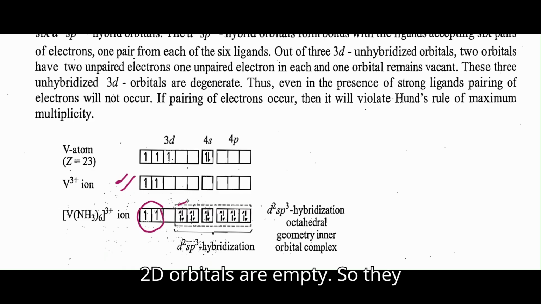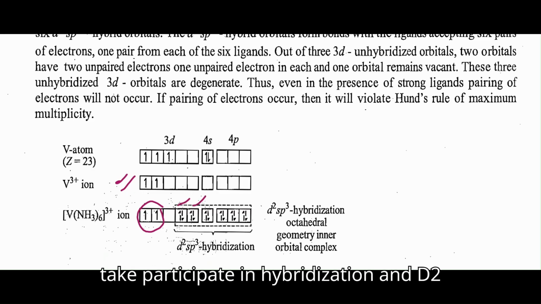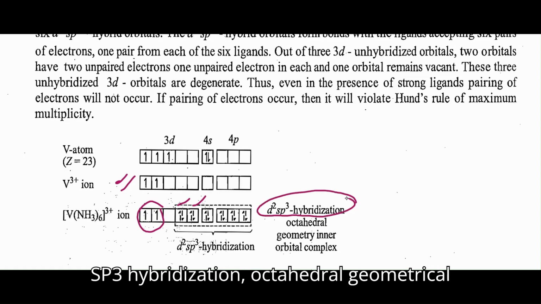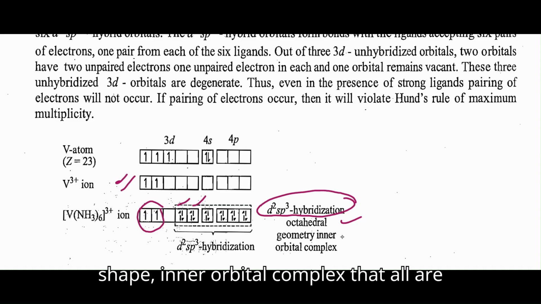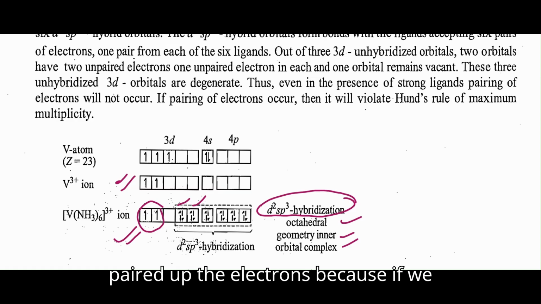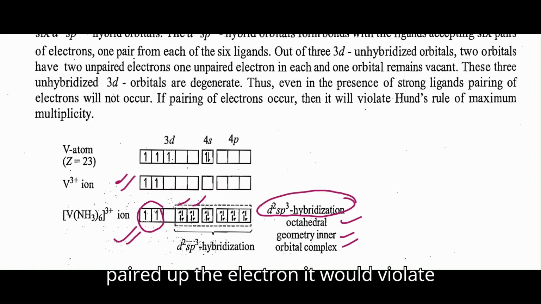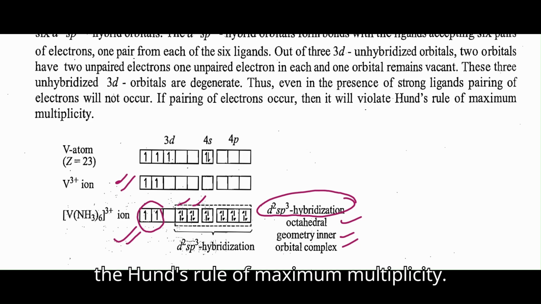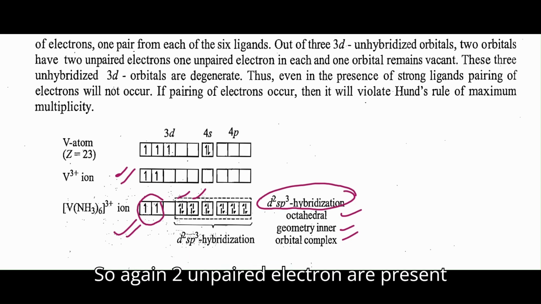So two d orbitals are empty, so they participate in hybridization, and d2sp3 hybridization, octahedral geometrical shape, inner orbital complex, all are correct. But here also we should not pair up the electrons, because if we paired up the electrons it would violate Hund's rule of maximum multiplicity. So again two unpaired electrons are present in this complex.